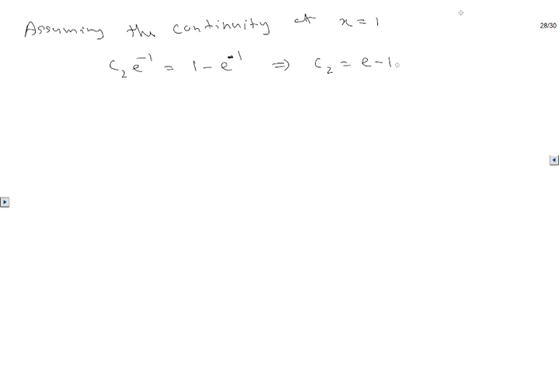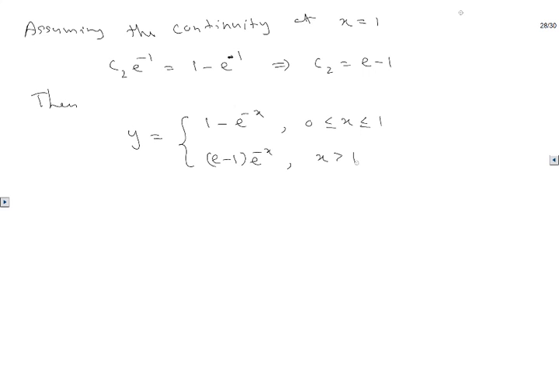So the solution is y equals 1 minus e to the minus x for the interval from 0 to 1, and (e minus 1) e to the minus x for x greater than 1. That is the solution of the piecewise linear differential equation.